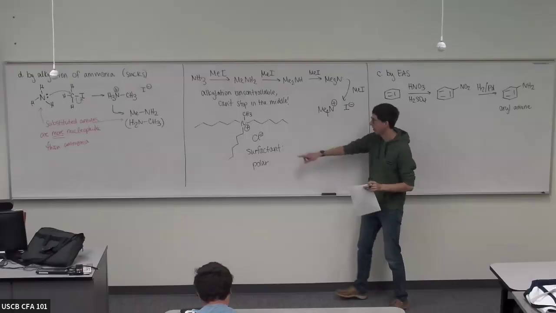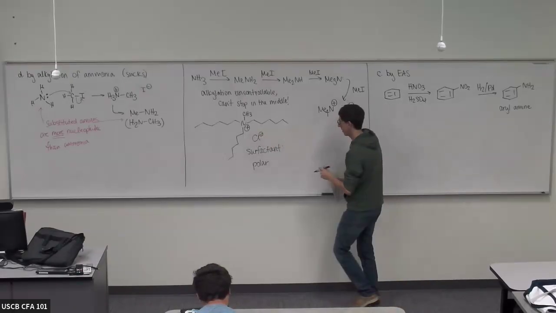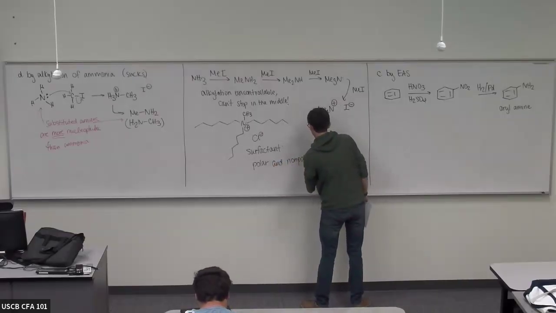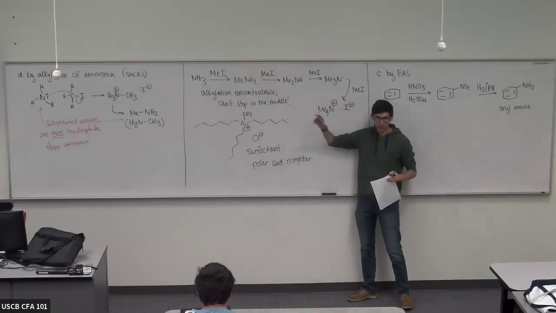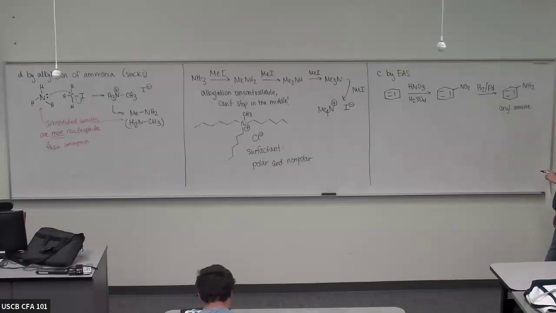So it's polar because it's ionic, right? And it's nonpolar because it's got these long alkyl groups. So what you can do is, if you've got a reaction that you're trying to do in two phases, you can stir and get those two phases to interact, or you could drop in a little bit of this and it'll cause the two layers to combine.